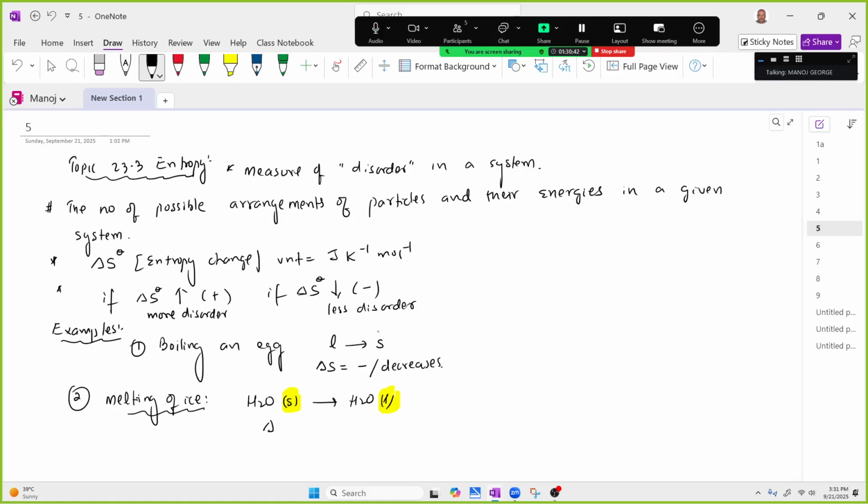So entropy change in this case is positive. And why is that? Because solid particles are changing to liquid, so there is going to be more movement. There is more movement in the liquid state, which means particles can arrange themselves more. There are more different possible arrangements, right? So that's why entropy is increasing.